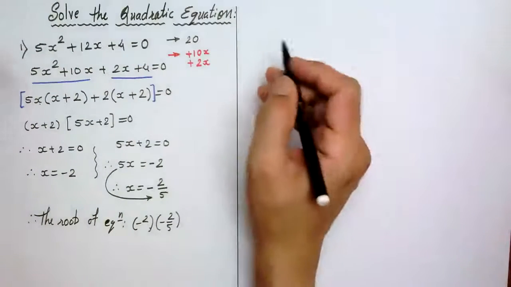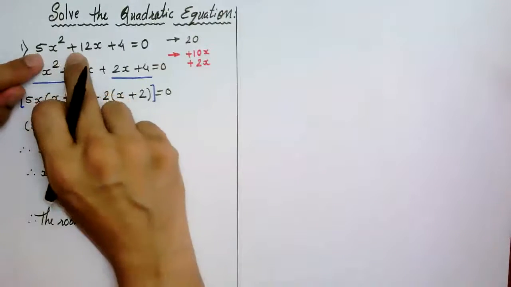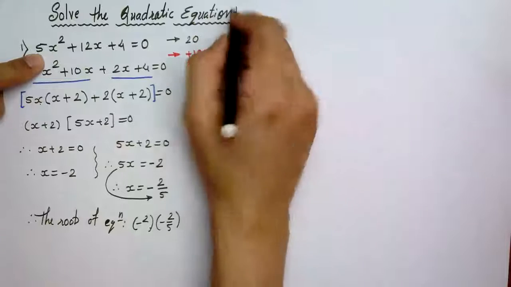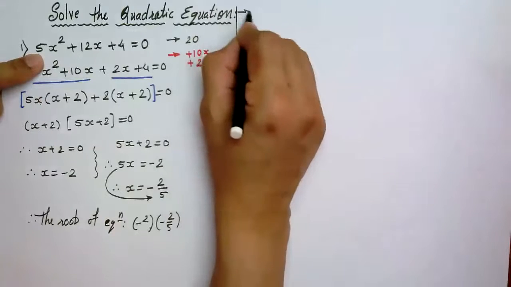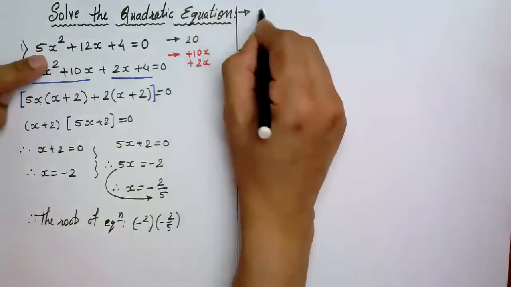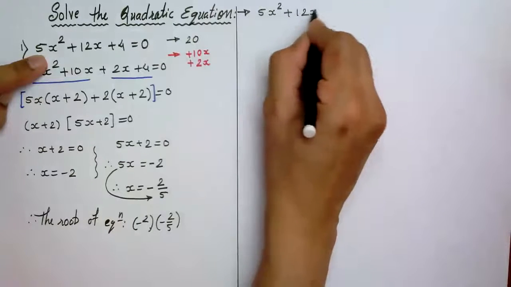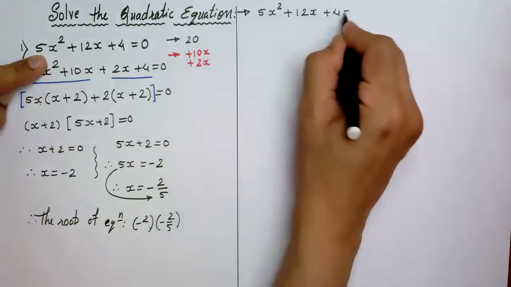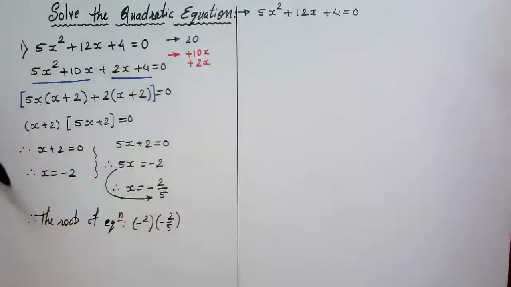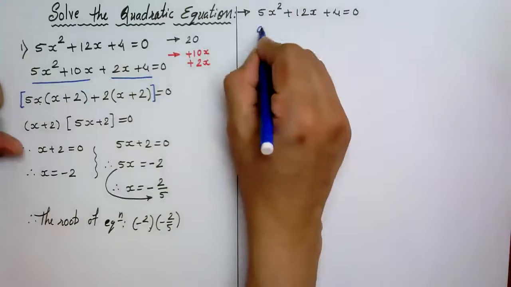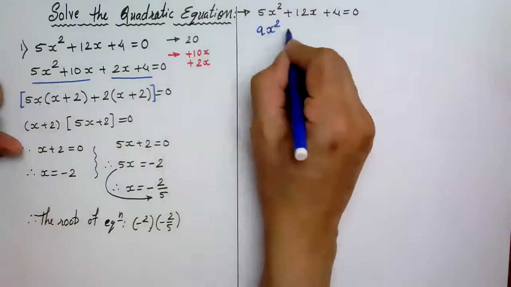For that purpose, I will compare this given quadratic equation with the standard form of quadratic equation. This is the given equation, that is 5x squared plus 12x plus 4 is equal to 0.